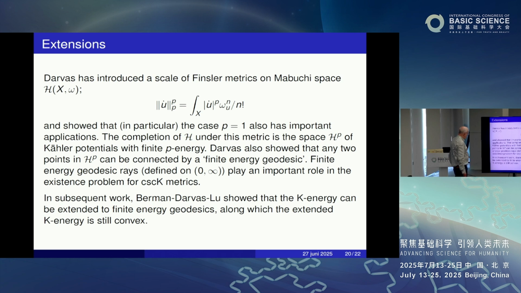So they play an important role in the existence problem for CSCK metrics. First was a later work by Berman, Darvas, and Liu, where they showed that the K energy is actually also convex along those more generalized geodesics, the finite energy geodesics.